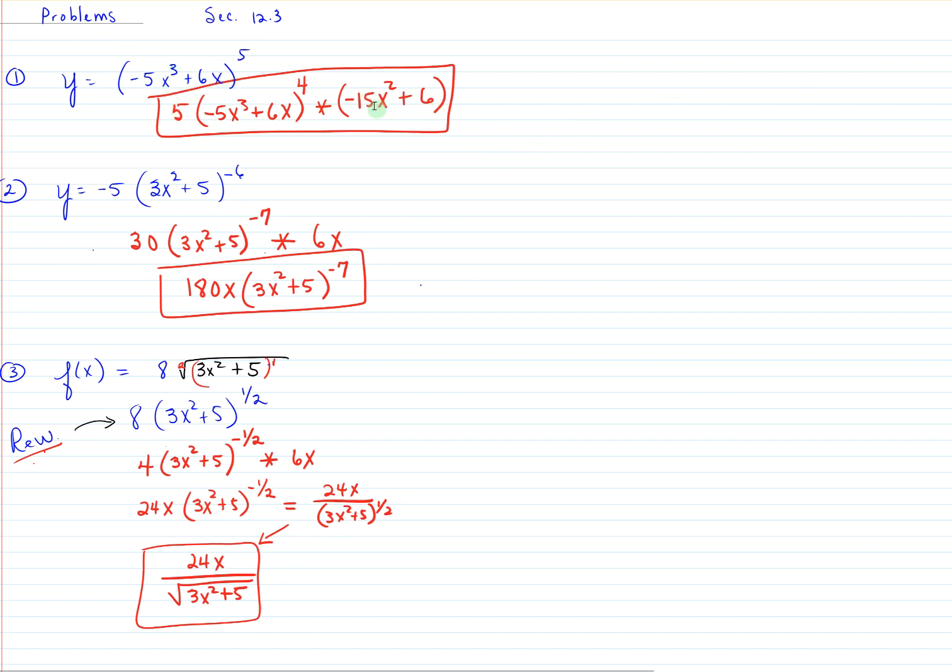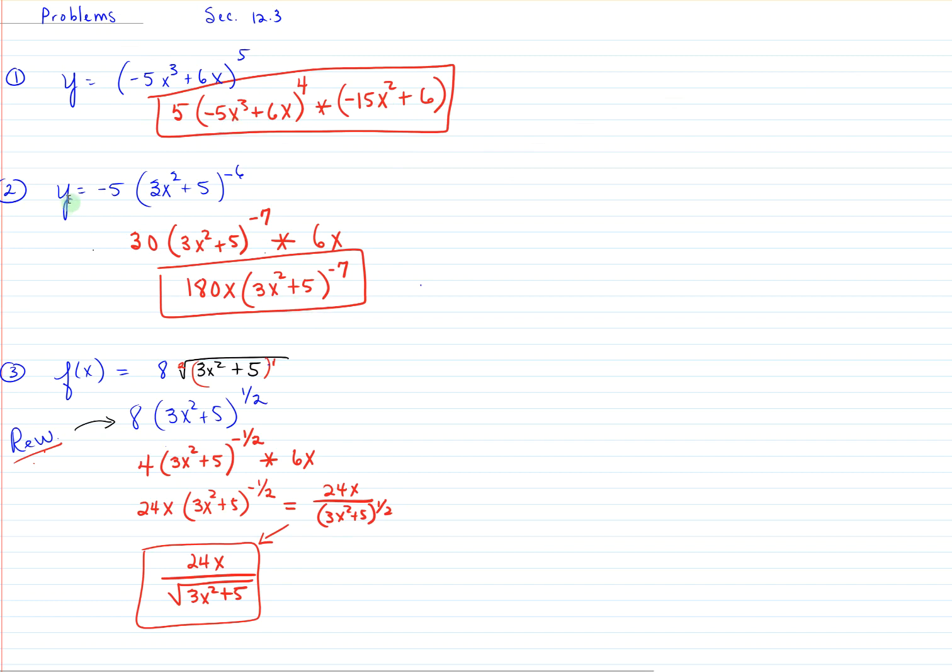And on this one, I did not multiply the 5 times this, but if it needs it, then you could just say 5 times that is negative 75x squared plus 30, and you could do that. But I think maybe on this one, I found that it would let you. I usually work all your questions.